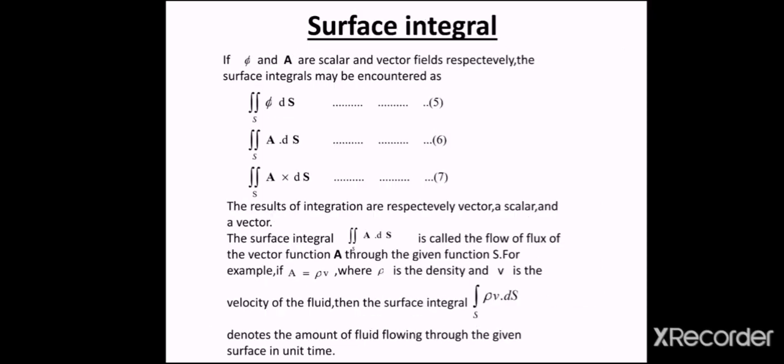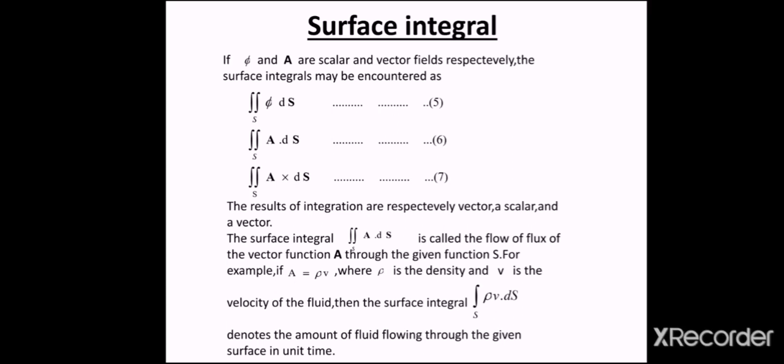Next one is the surface integral. If phi and A are scalar and vector fields respectively, the surface integral may be encountered as double integral phi ds, double integral A dot ds, double integral A cross ds. The results of these integrations are respectively a vector, a scalar and a vector.